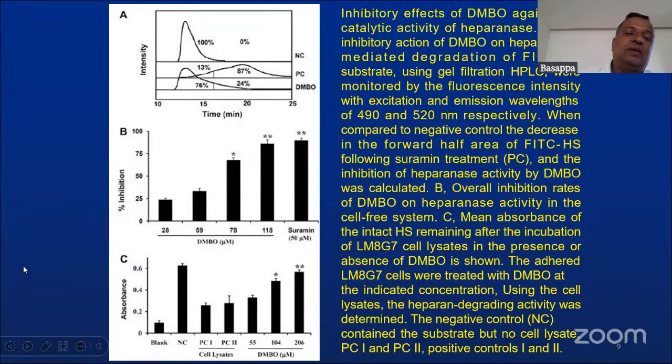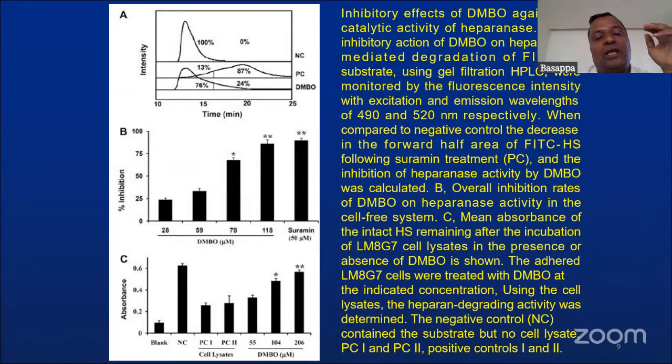As panel A represents, the negative control is the flow-through fraction with heparan sulfate intact. The positive control is where the substrate was cleaved by the heparinase enzyme. When we use DMBO, you will see restoration of about 76%.